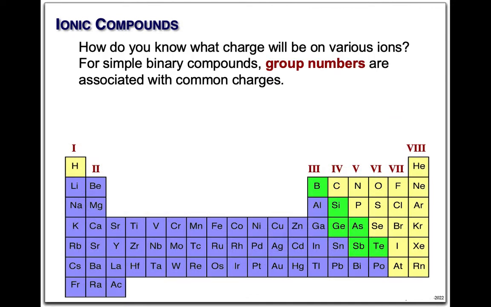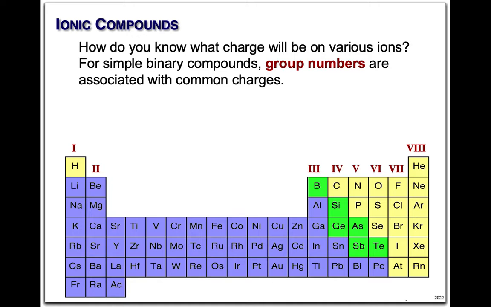When you're putting an ionic compound together, you need to be able to predict what the charge is going to be on each ion. The way to do that, quite simply, is to look at the group numbers again.